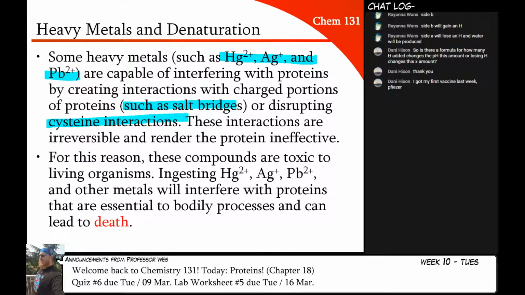This is obviously really bad. When you ingest compounds that contain these heavy metals, they tend to interfere with proteins very, very quickly, and that's bad. Many of those proteins are essential to body processes because they'll be like enzymes and stuff. So other stuff that we're going to look at later on that does this is stuff like arsenic, or arsenate, basically. The problem these run into is that they fit into enzyme space, and then the body's like, oh, I have this thing.